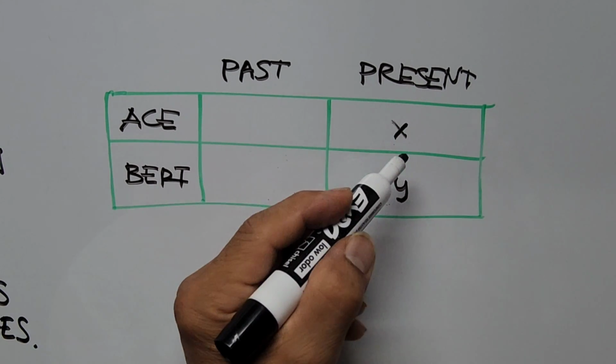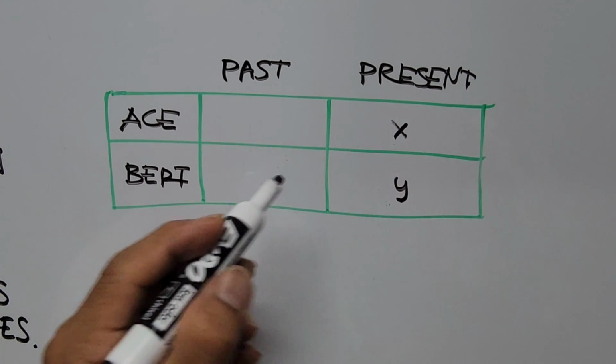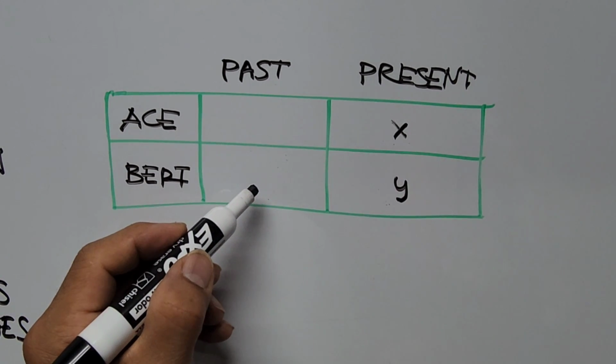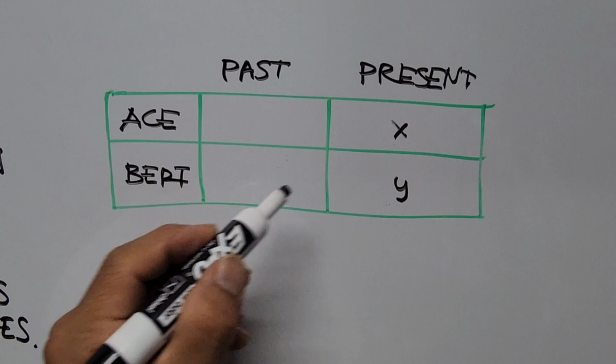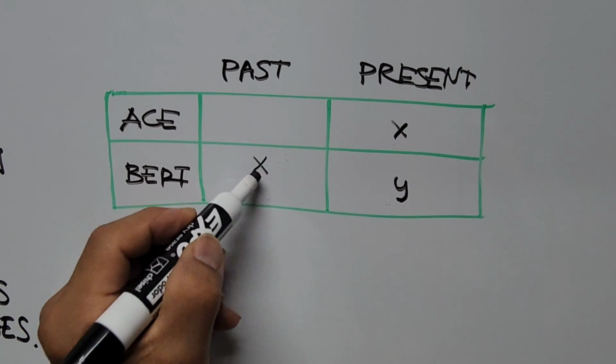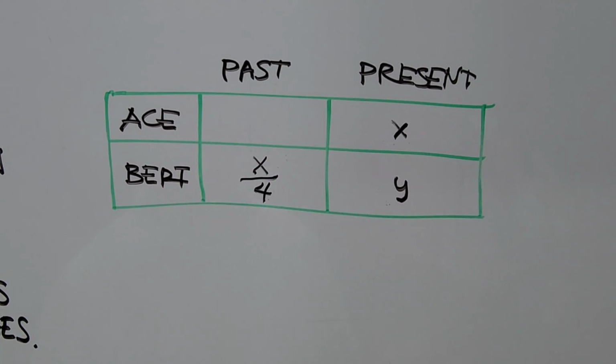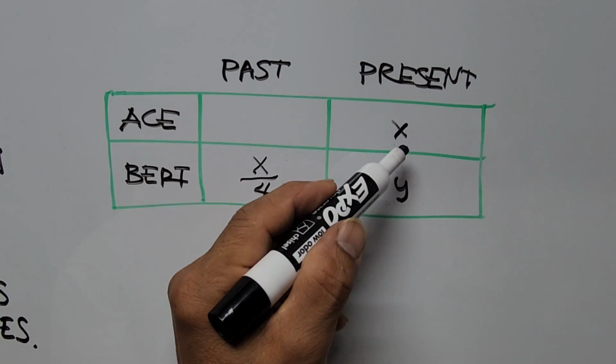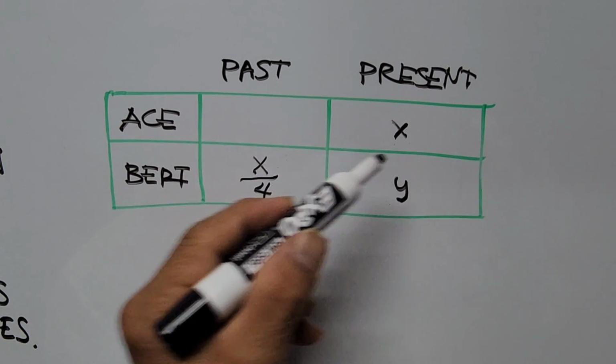So that means X is 4 times Bert's age in the past. It didn't say how many years in the past. So that means X divided by 4, right? Since 4 times this amount will be X, which is A's age in the present.